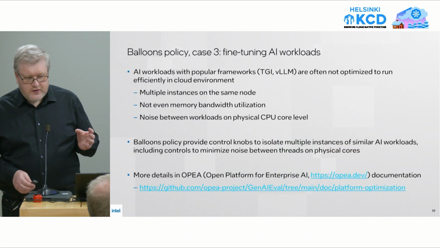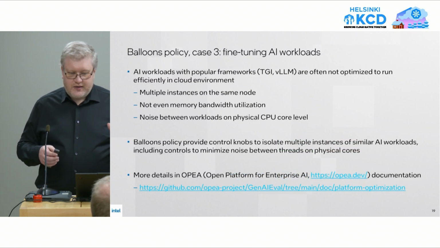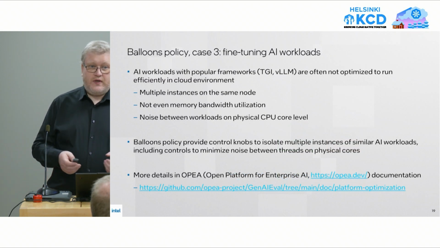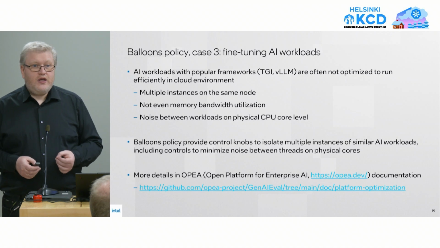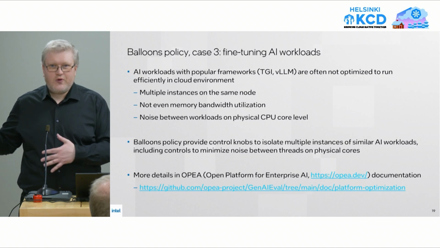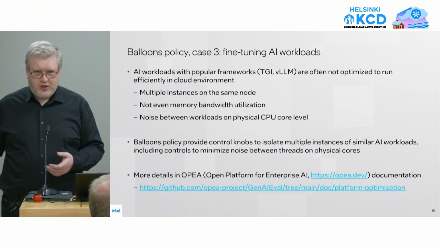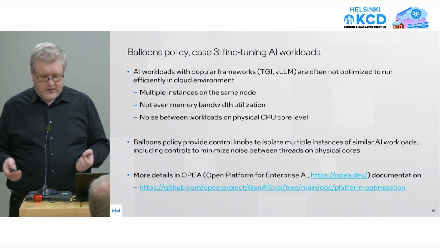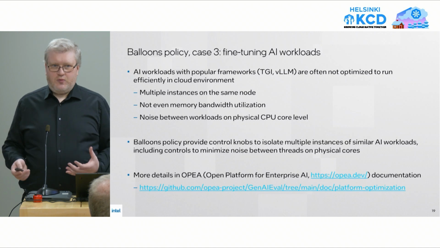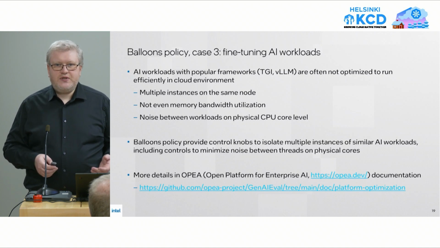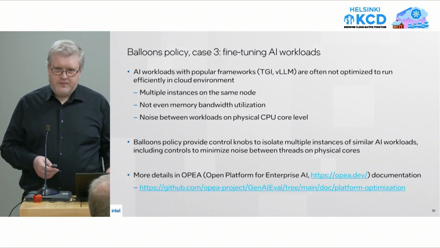Another use case for balloons policy comes from the modern world of AI workloads. Most of our AI workloads run on GPUs, which is expensive and maybe not always economically reasonable. Some smaller models or some activities you can do on the CPU.